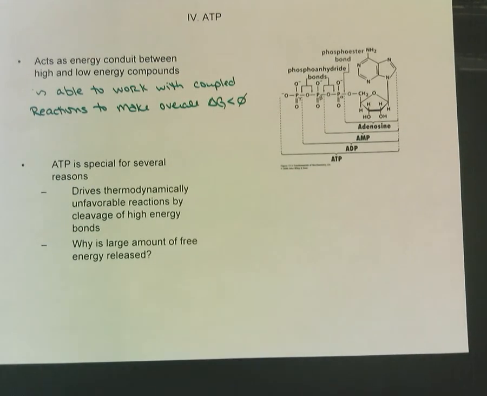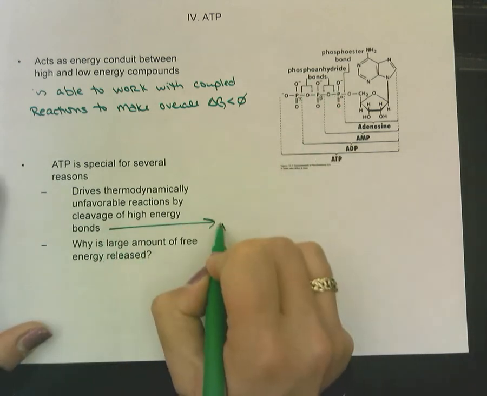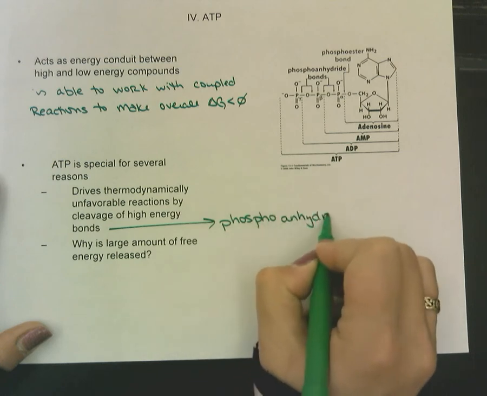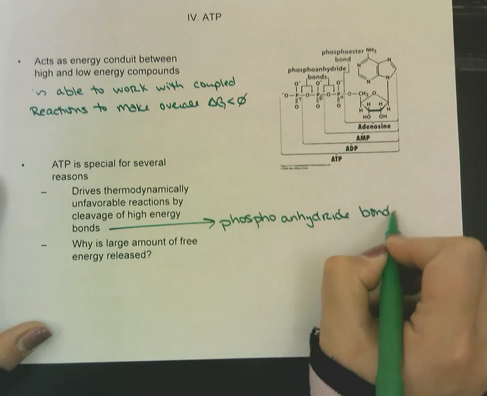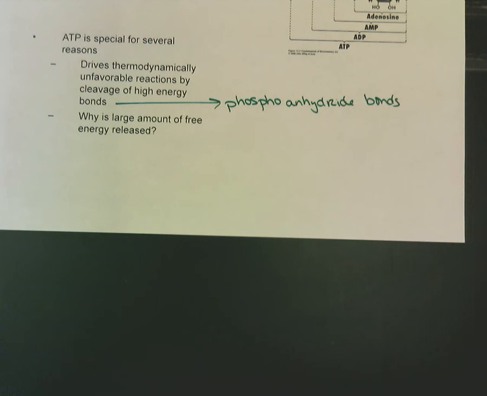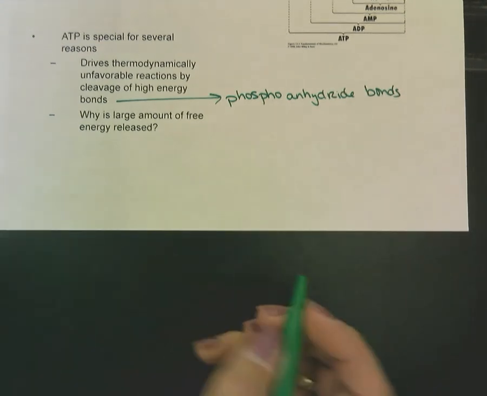So it's special for several reasons, but two of them are that it drives thermodynamically unfavorable reactions through the cleavage of high energy bonds. These high energy bonds are the phosphoanhydride bonds that are listed up there. The phosphoanhydride bonds are the high energy ones that when they're cleaved, they release a large amount of energy. And the question is, why do we have such a large energy release from the cleavage of what seems like a regular old bond?